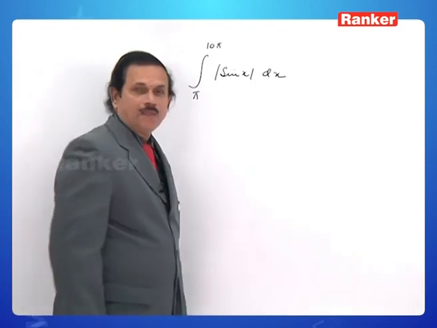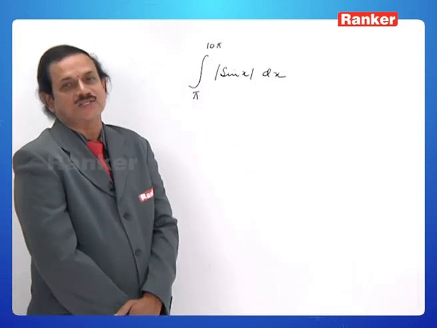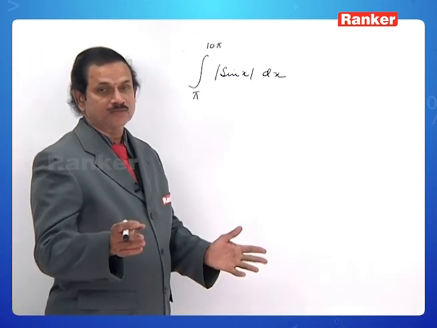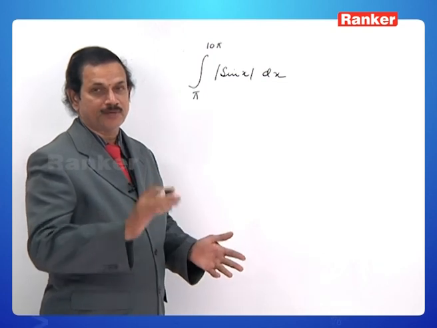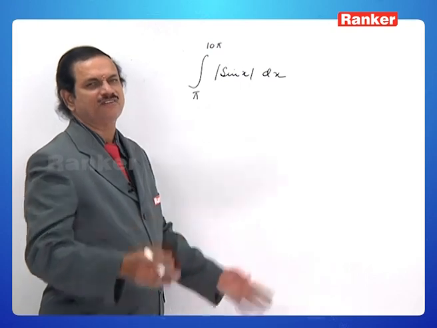Follow this. The next question is integral pi to 10 pi mod sin x dx. Pi to 10 pi means you may have to split pi to 2 pi, 2 pi to 3 pi, 3 pi to 4 pi, 4 pi... Oh, there will be a lengthier chain.